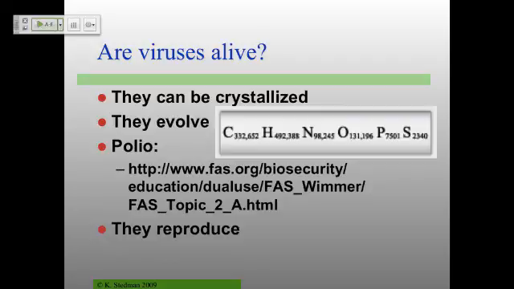On the other hand, Eckard Wimmer recently synthesized a poliovirus genome and then put it into a cell, was able to get it to function, and he has this wonderful chemical formula for polio. C332,652, H492,388, etc. No, I don't expect you to remember those numbers.